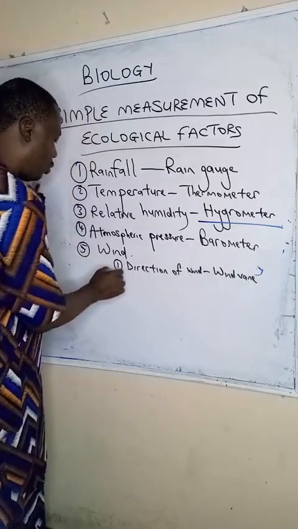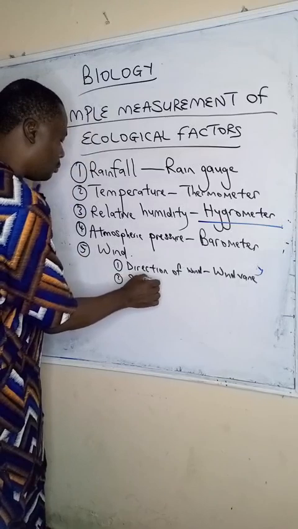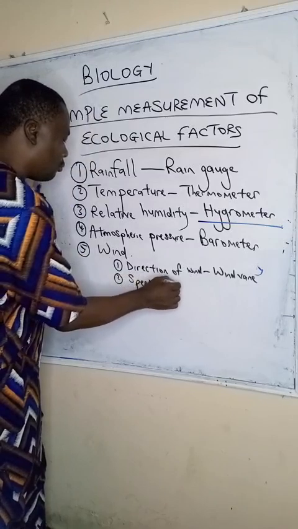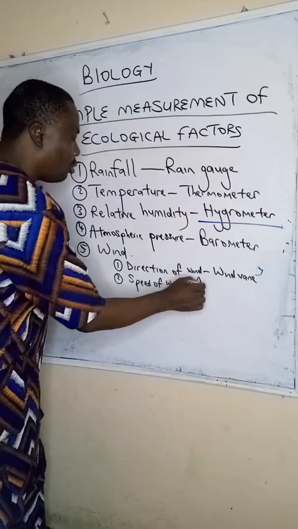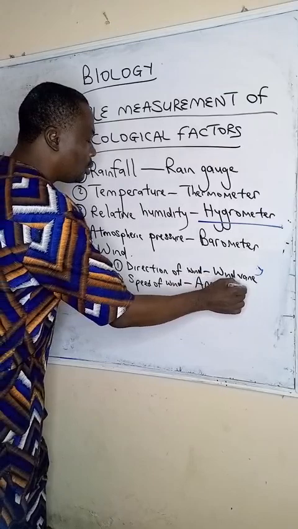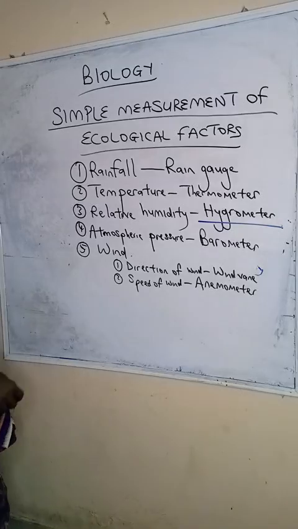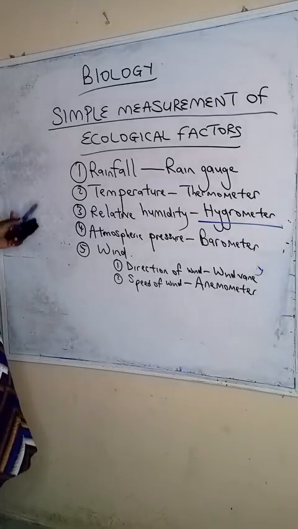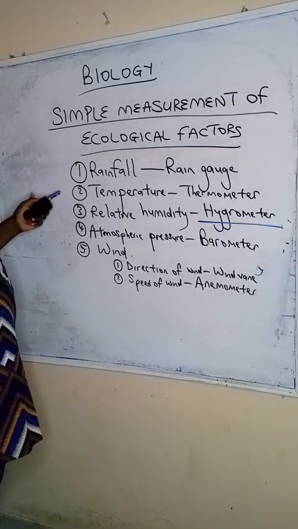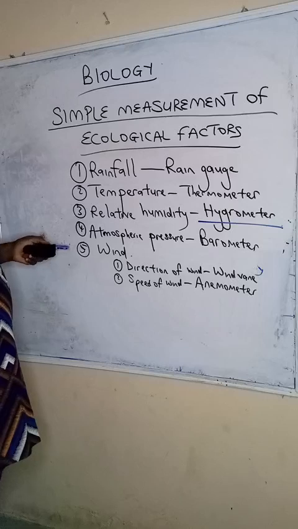Speed of wind is measured with the anemometer. These are the common ones: temperature, relative humidity, atmospheric pressure, wind.